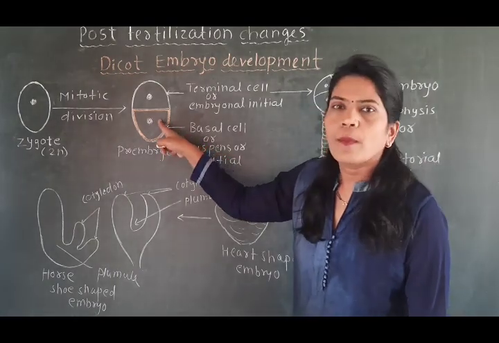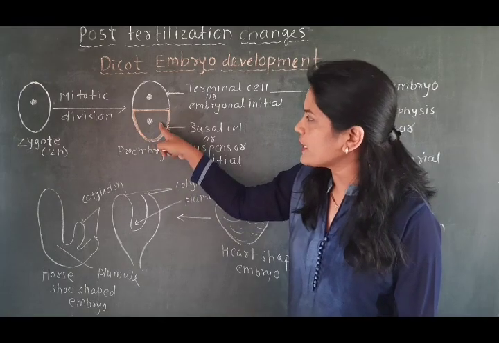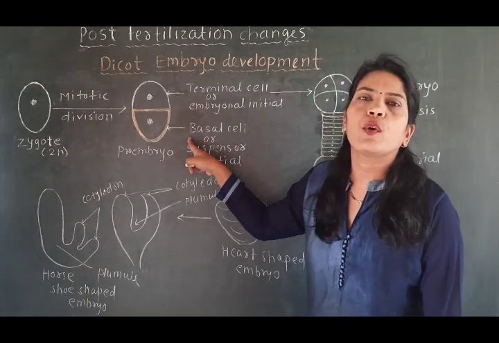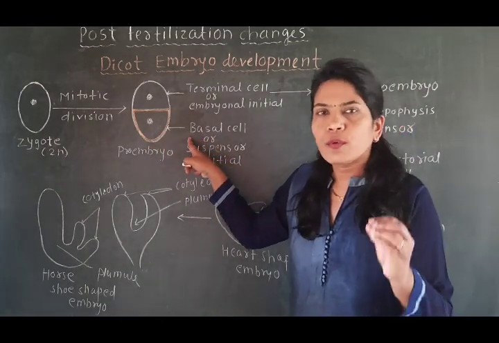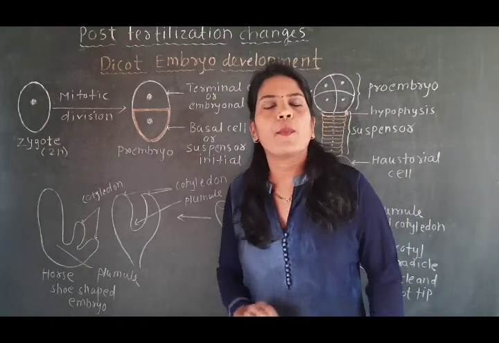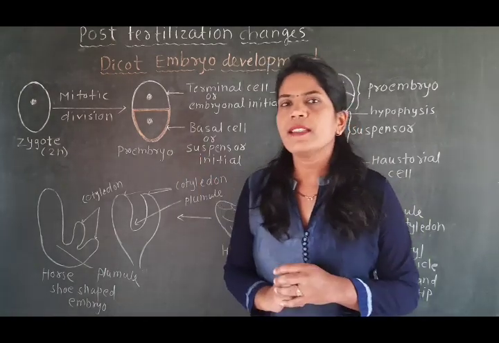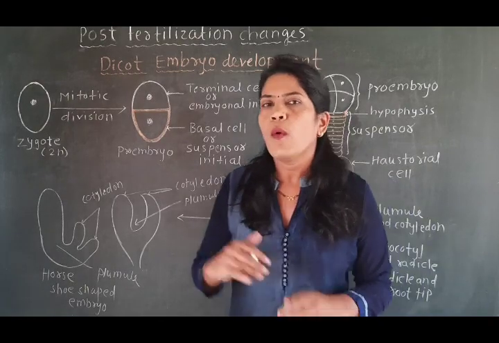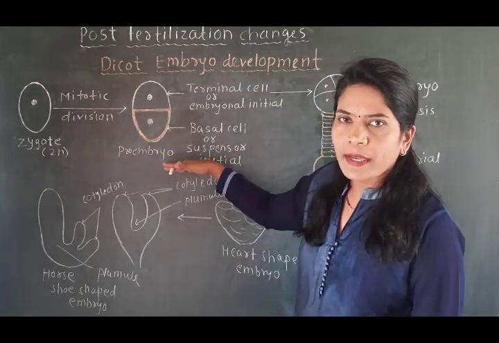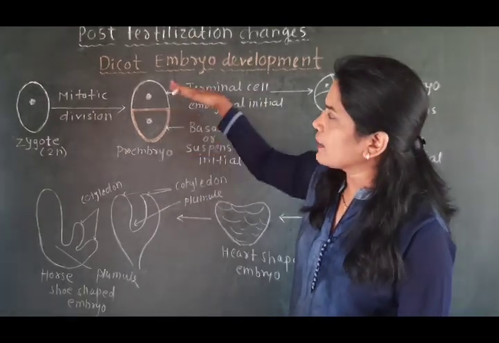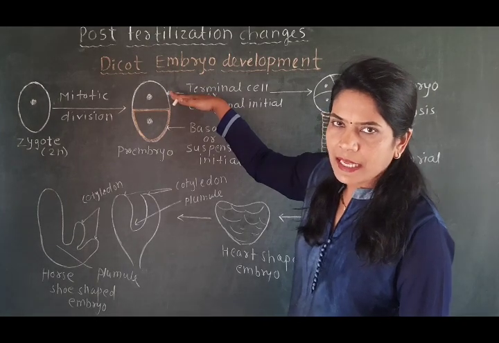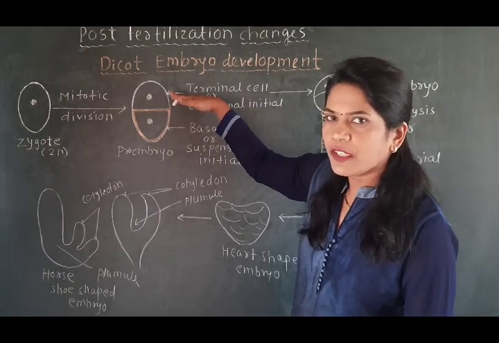One cell of this proembryo is near the micropyle end. As you know, in the structure of the anatropous ovule, we have seen the two ends of that ovule. One end is called the micropyle end, another end we call the chalaza end. You are very well aware of this fact.